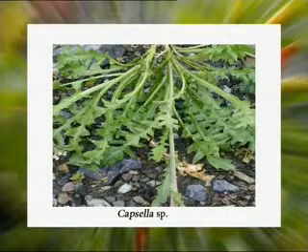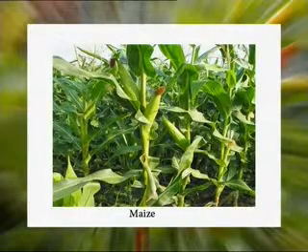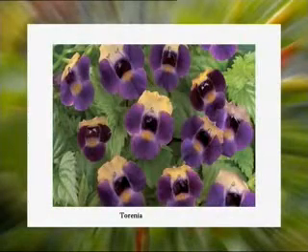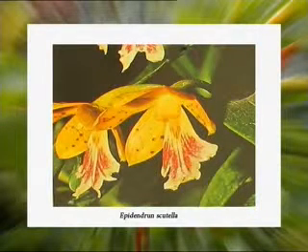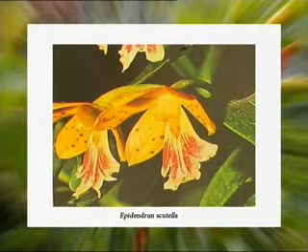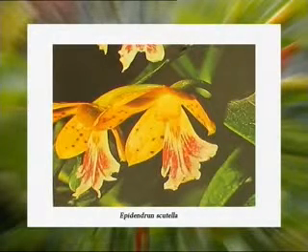In Capsella, Gossypium, Zea mays, and Tauria, the egg has no wall towards the chalazal end, and in Epidendrum scutula, a uniformly thick wall is found all around the egg. The egg cell is connected with the synergids and central cell by plasmodesmata.